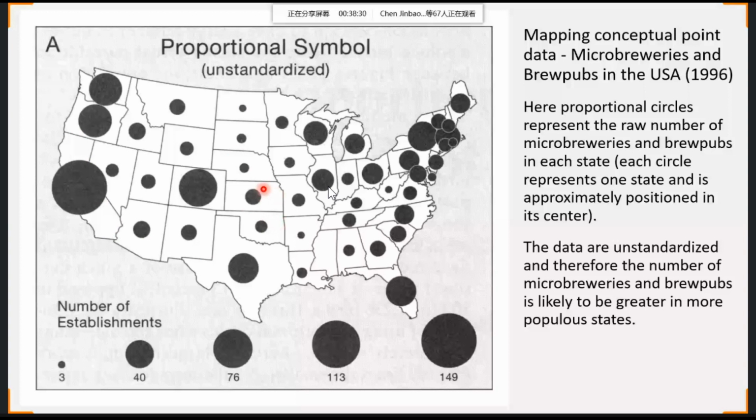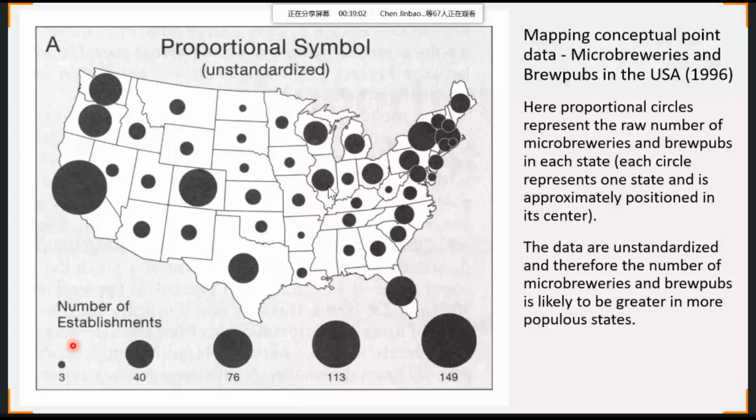So these areas are sparsely populated, and so it might not be a surprise that you have fewer such small breweries called microbreweries and brew pubs in these areas. So this is the problem with unstandardized maps. We talked about standardization, and it would be better to standardize the data here as well.